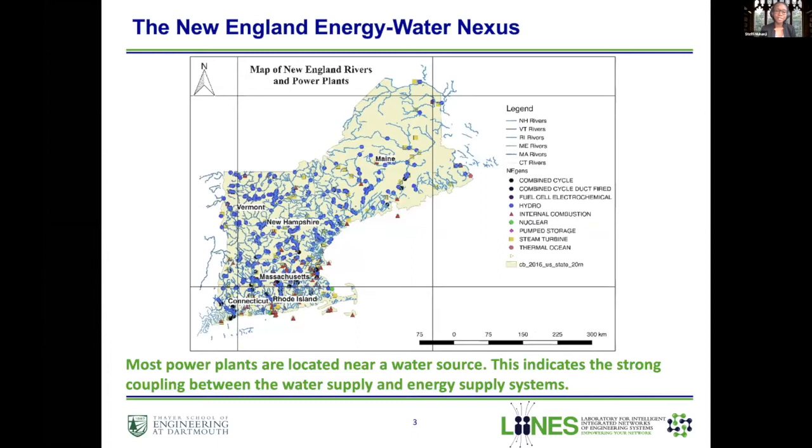This picture shows how coupled the energy and water systems are, especially in New England, where you can see most power plants are located near a water resource. So we have to start thinking about ways in which we can model this, and this is particularly important when we are thinking about renewable energy integration.